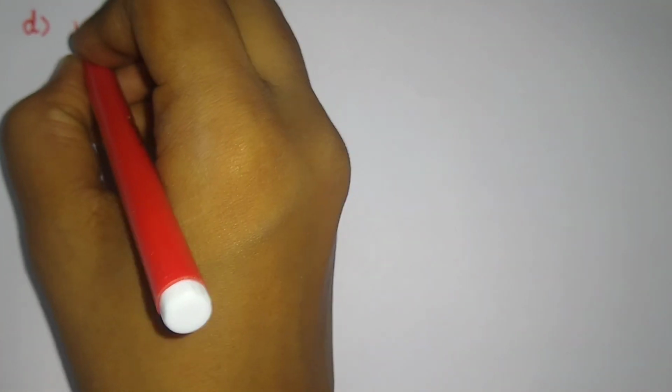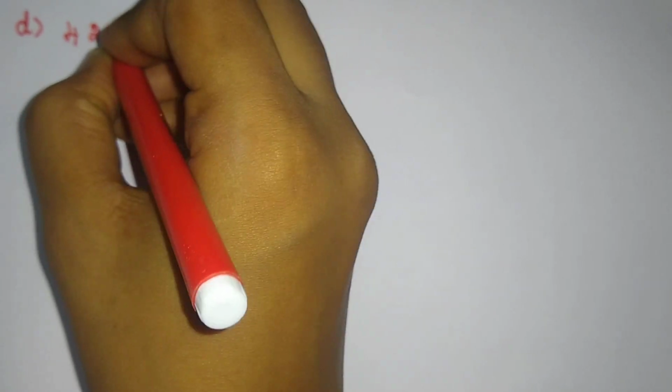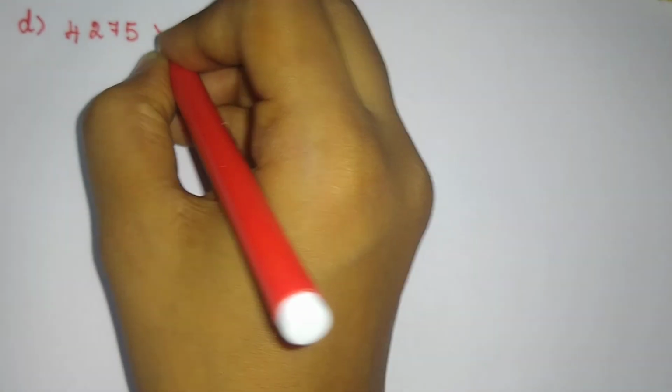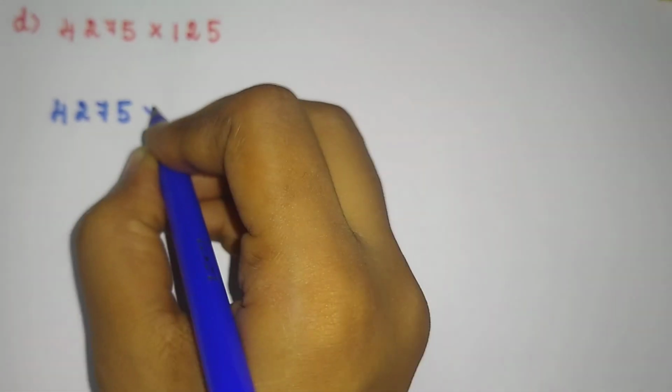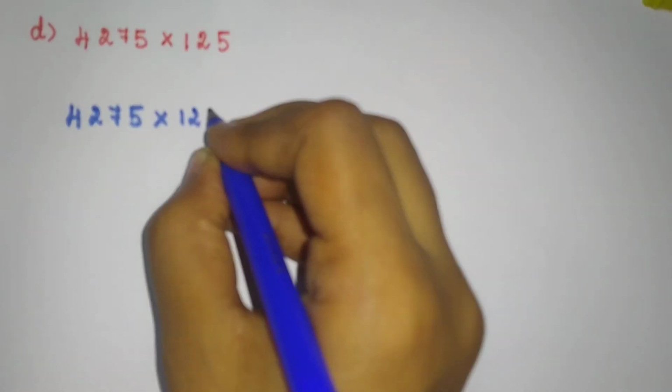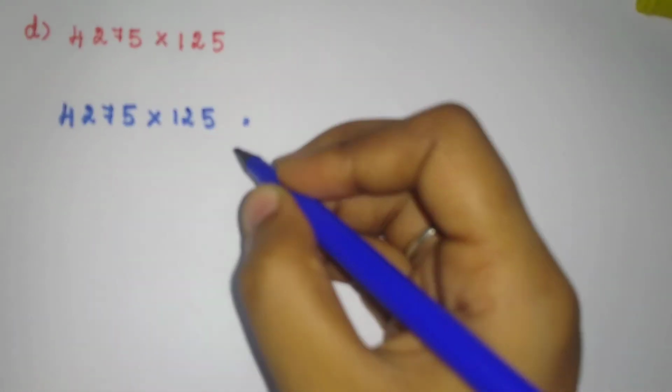Take the D subdivision. That is 4275 into 125.